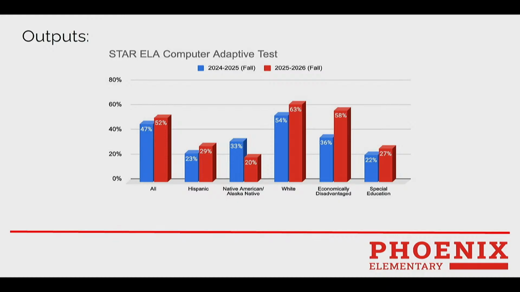But comparatively, when you look at the economically disadvantaged slide and you think of 55% of our students, when you go from 36% to 58%, I'm pretty darn proud of those numbers when you look at the 24-25 comparative data to 25-26. And then the same thing with some of the other categories with a nice percentage increase, special education increasing by 5%.